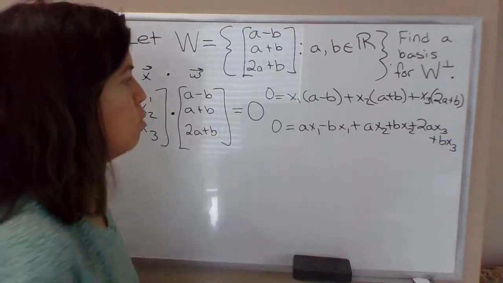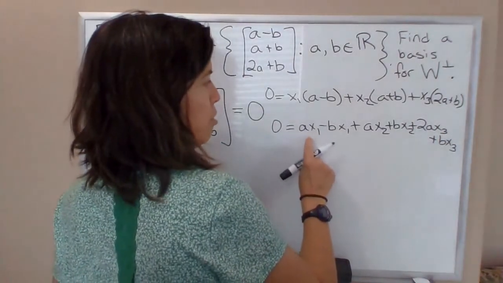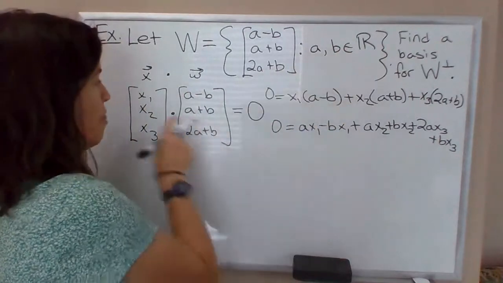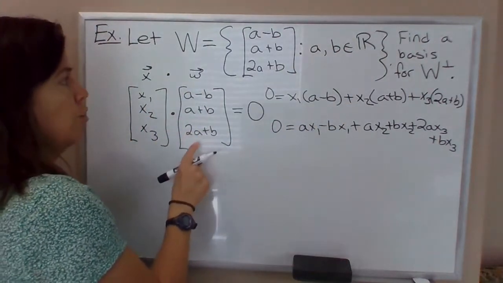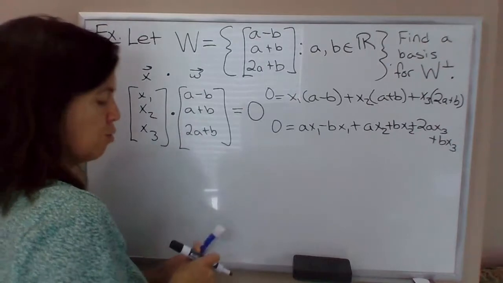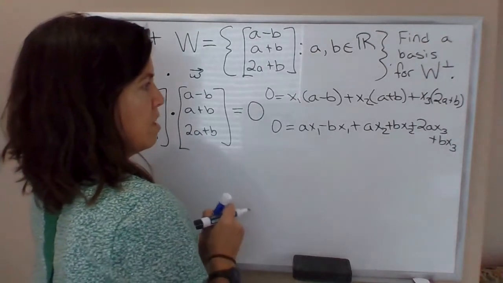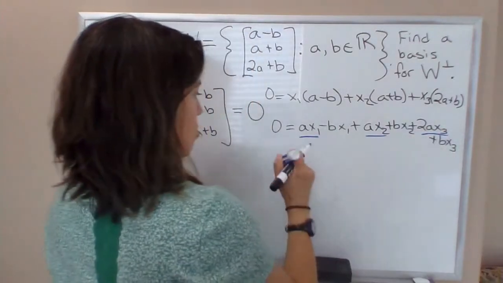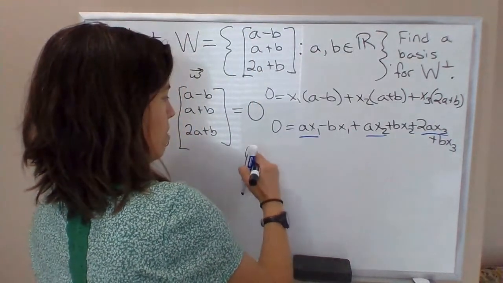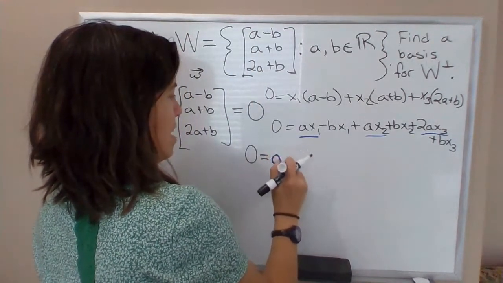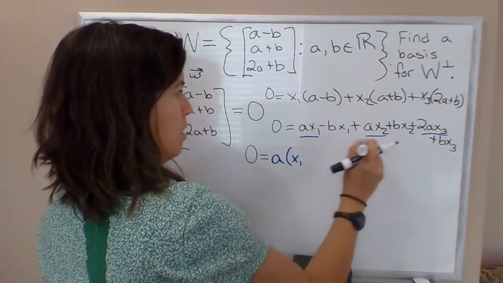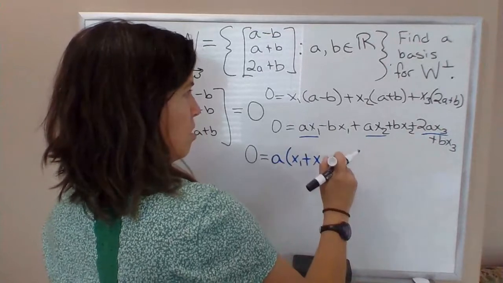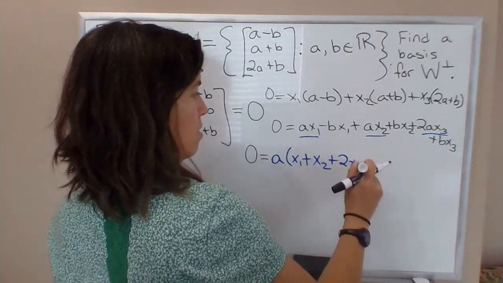We want this to equal 0 for any values of A and B, because A and B can be any real number, and we want x to be orthogonal to every single vector we can come up with in this form. So suppose I collect the A terms: 0 equals A times (x1 plus x2 plus 2 times x3).